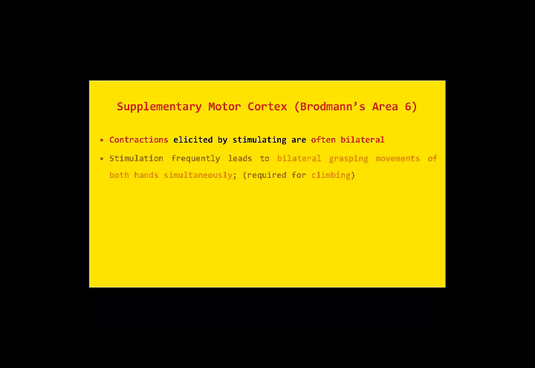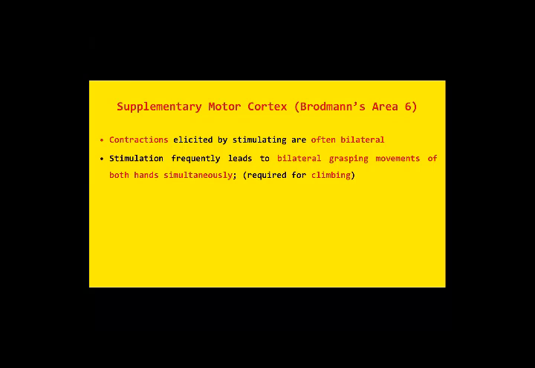Another motor area anteriorly placed to the primary motor cortex area 4 is supplementary motor cortex. And supplementary motor cortex along with the premotor cortex, both are labeled according to the Brodmann's classification as area 6. And this area is responsible for usually bilateral movements.